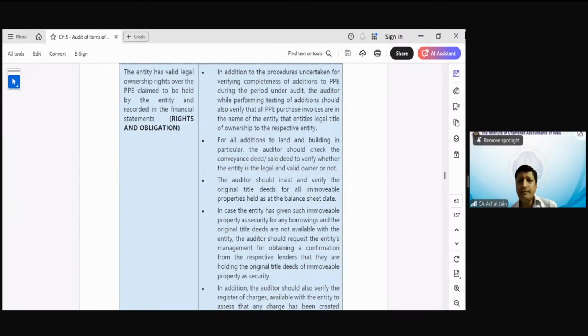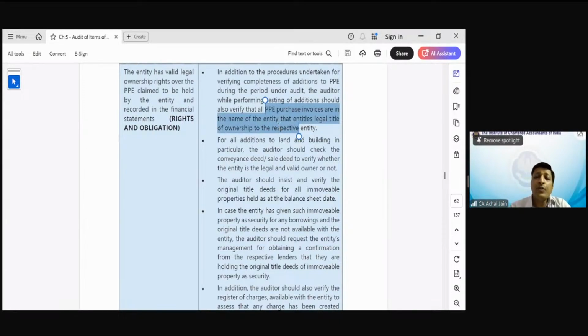So let's read some procedures around the rights. As we discussed, the auditor, while performing the testing of additions, will also verify that all PPE purchase invoices are in the name of the entity or not.